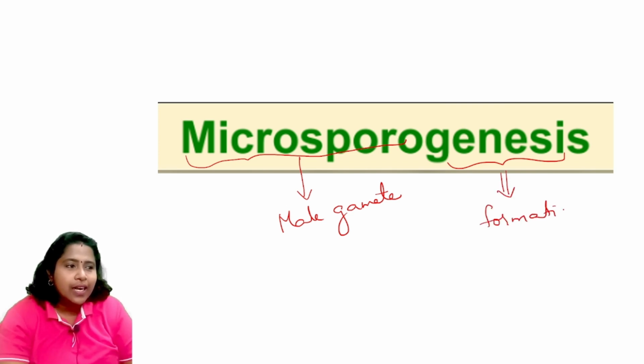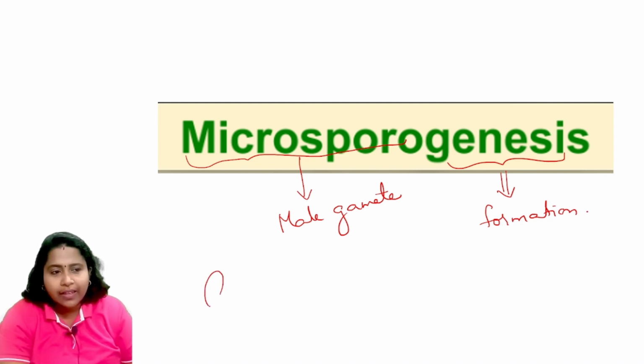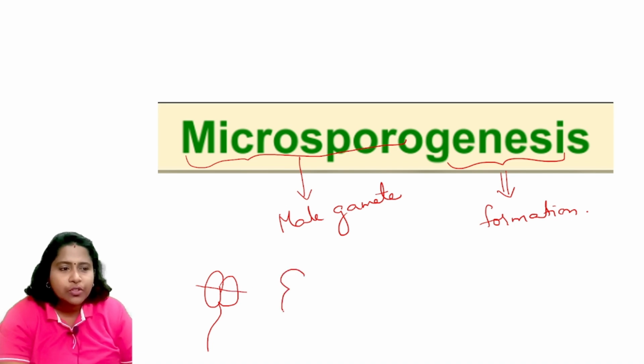Last class, just remember, the anther is bilobed in structure and is present on the tip of a filament. If you make a cross section of this, the typical structure is like this. It is circular in outline. It is a bilobed, dithecous structure, having two lobes and two thecae.